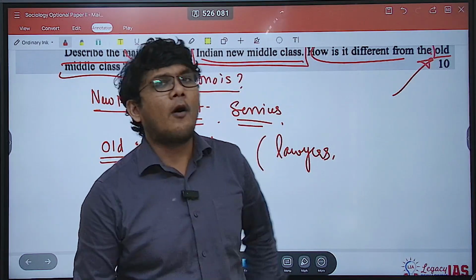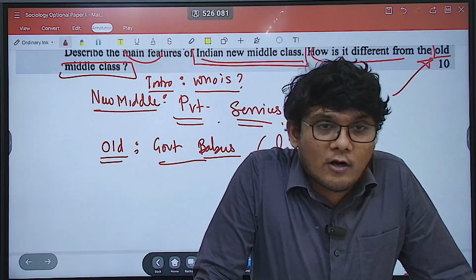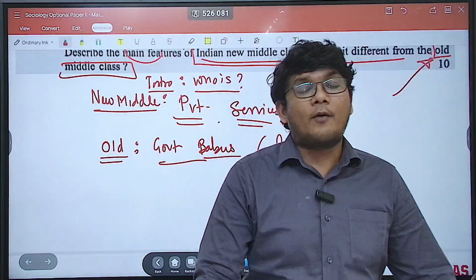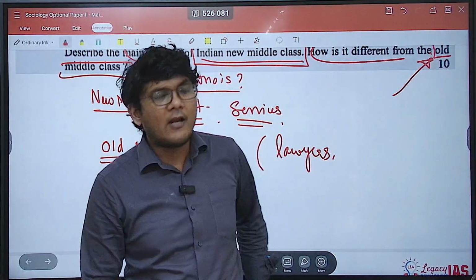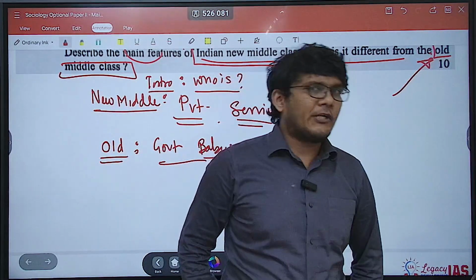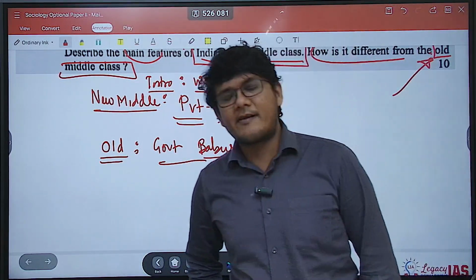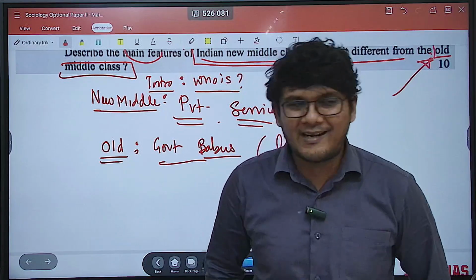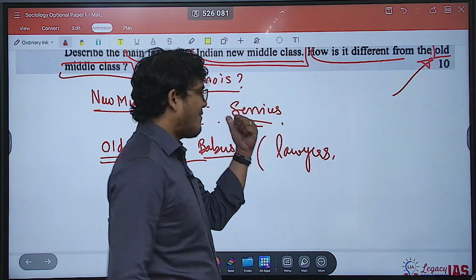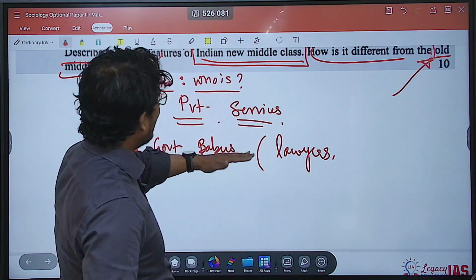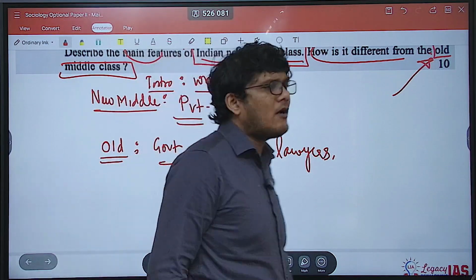All those form the earlier middle class. A lot of them were also educated outside of India, or under the British educational system. It continued after independence that these salaried government job babus were called middle class, but now you have the private sector, the service sector, and that is the main difference that you are going to talk about.